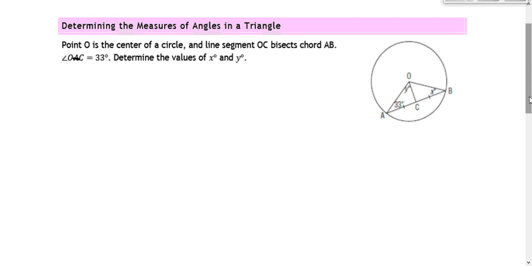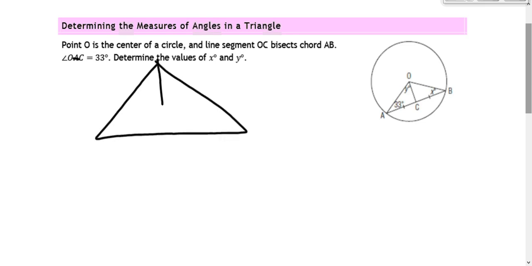So let me redraw this triangle. Bisect it, cut it in half. Know that these create right angles. These must be equal. Y degrees here, X degrees here, and 33 degrees here.